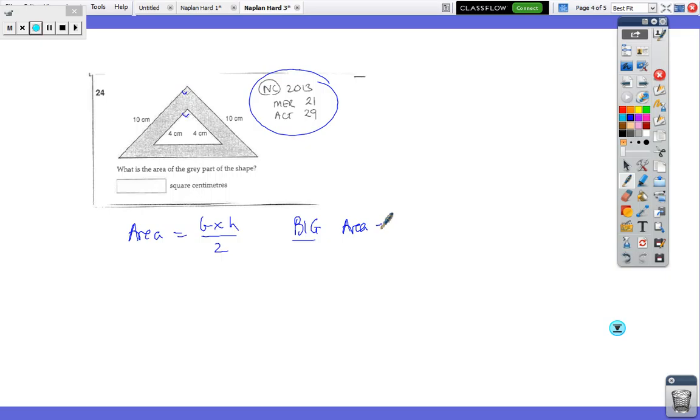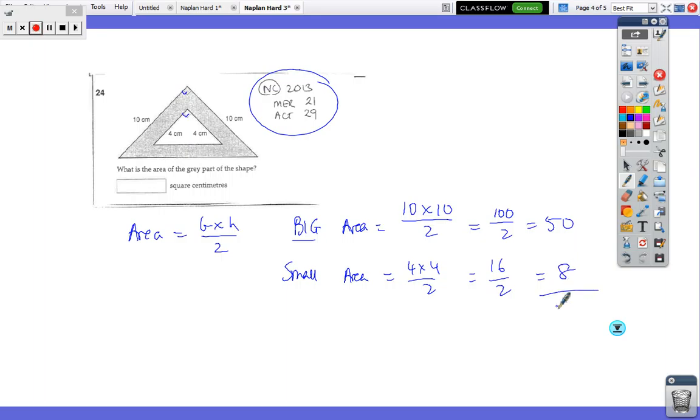The big shape around the outside has base 10, height 10, over 2. We've got no calculator, so we have to do it the hard way. So the area is 50. The small inside one is 4 by 4 over 2, 16 over 2 equals 8. So the shaded shape must be the difference, and that would be 42.